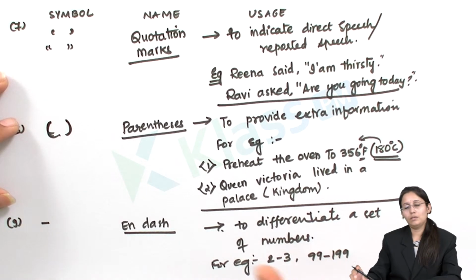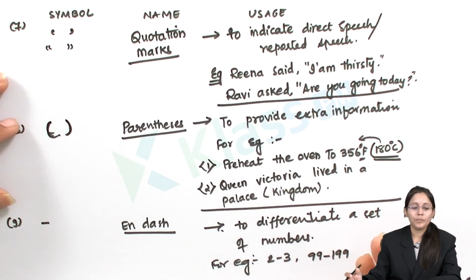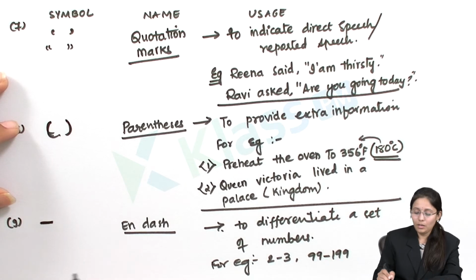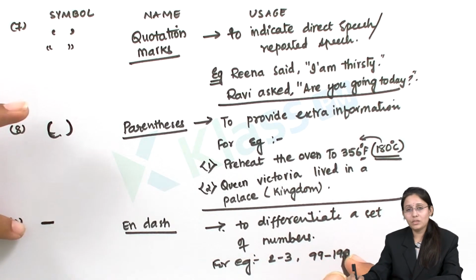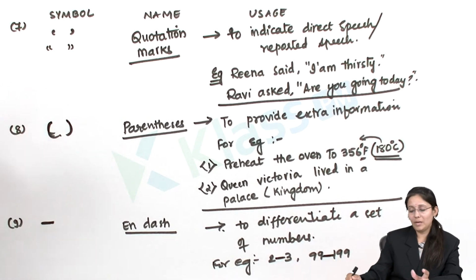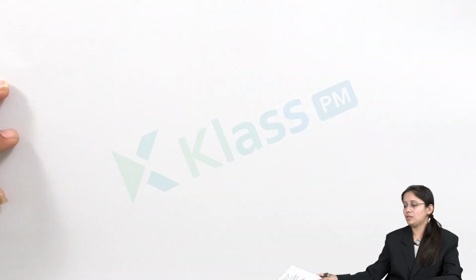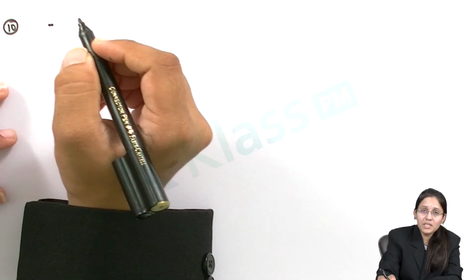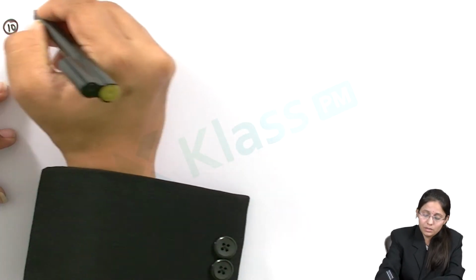So it is used to distinguish number ranges. Let me make it clear to you, the en dash is a moderate-sized minus symbol. Because we may get two or three symbols which look like this, kindly don't get confused. Okay, and now let us go through the next one. The tenth one is a bit smaller than the en dash.